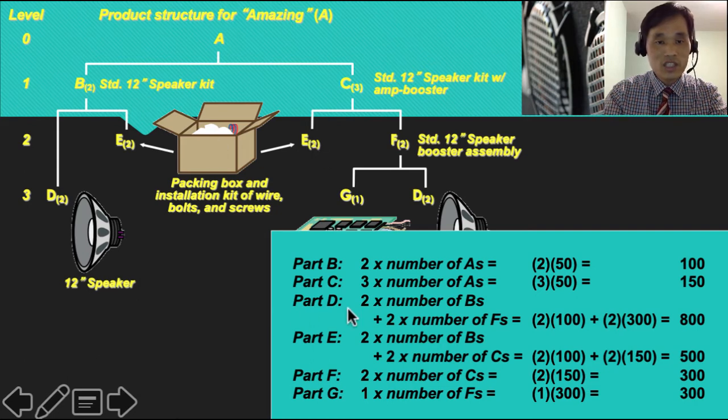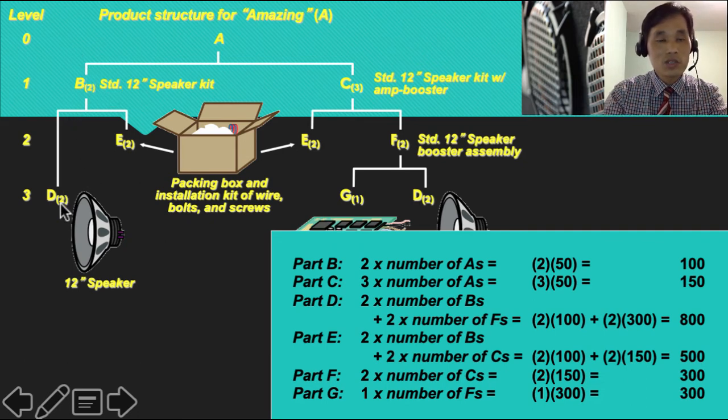So let's look at D here. It is 2 times the number of Bs plus 2 times the number of Fs. Since we have ordered 300, how many Bs do we need? We have 600 Bs here.